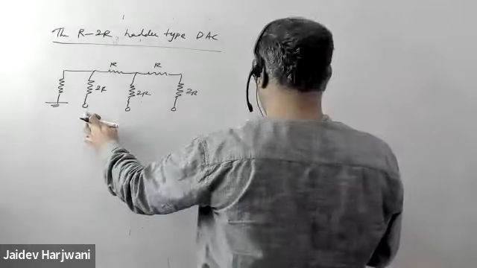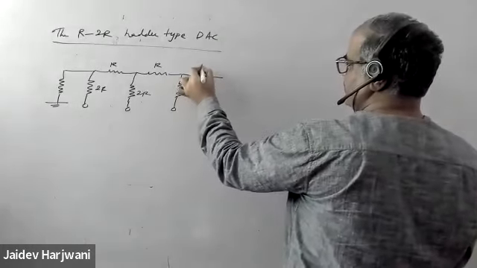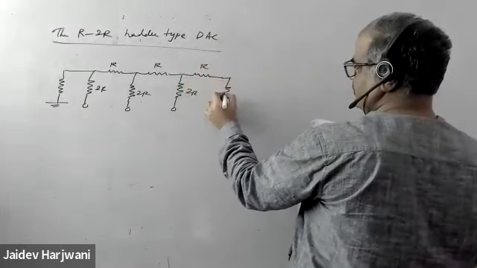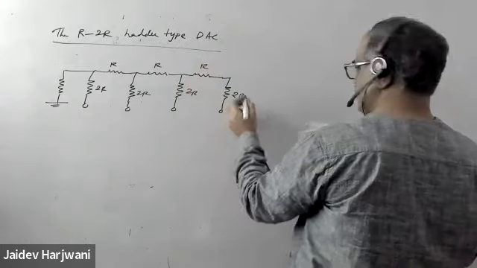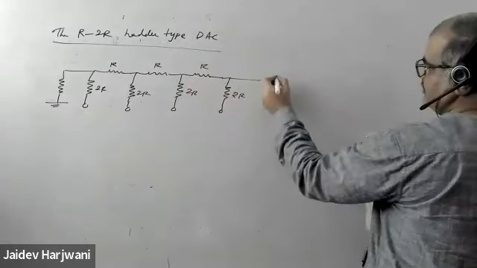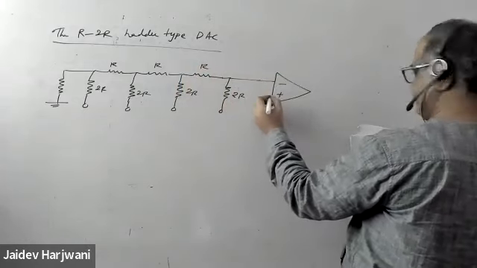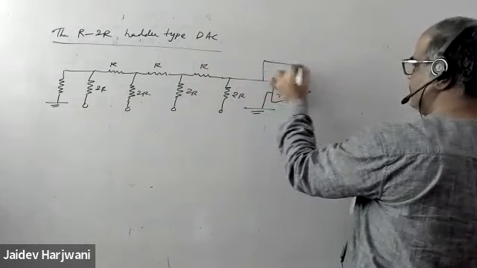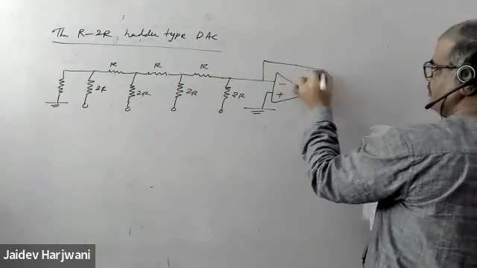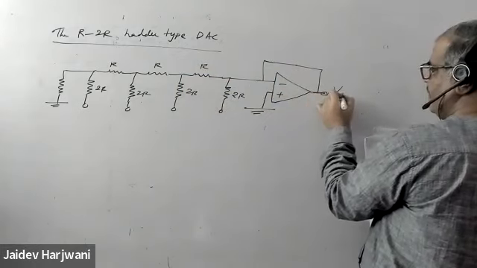So D0, D1, D2, and then you have an R, then a 2R, and this is going to your operational amplifier. This is minus, this is plus, this is grounded, and this is going to the output. Call this output VA.